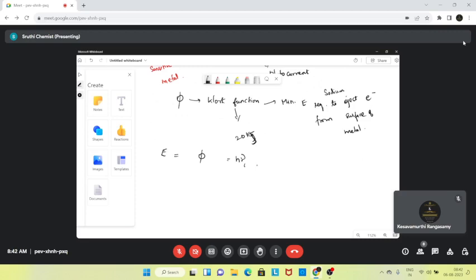Here I am comparing with h nu naught, which means nu naught is the minimum frequency needed to eject an electron. This is your h nu naught. Again, instead of nu naught, what formula can we replace it with?